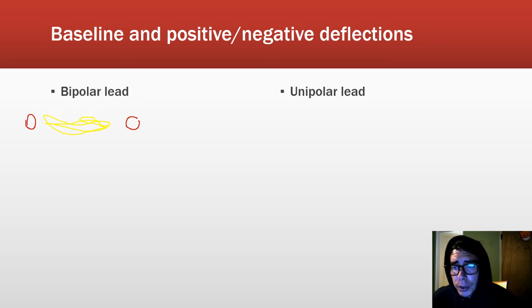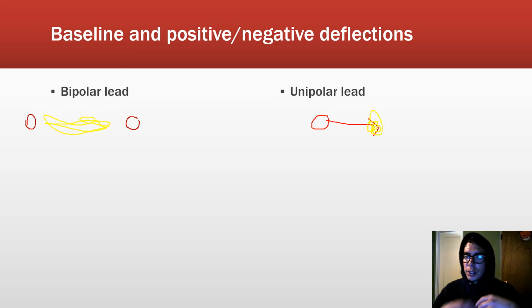So that's a bipolar lead. A unipolar lead is just one electrode that looks in one direction. So it will just look that way and just monitor any electricity in that one specific spot that it's looking directly down on. Whereas these will monitor anything within the area between them.